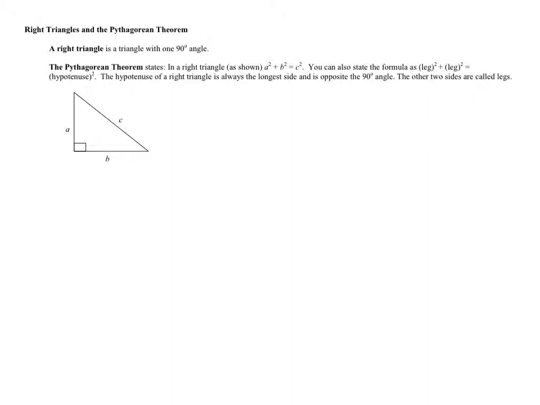In any right triangle, if you square the legs and add them up, you get the square of the hypotenuse. The hypotenuse is the longest side of the right triangle, and it's always opposite the 90-degree angle.